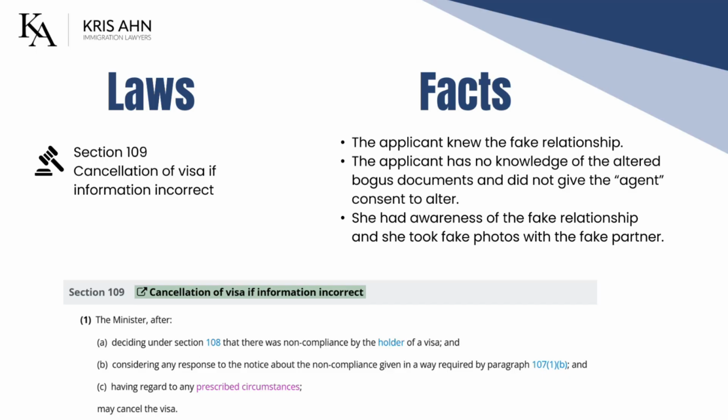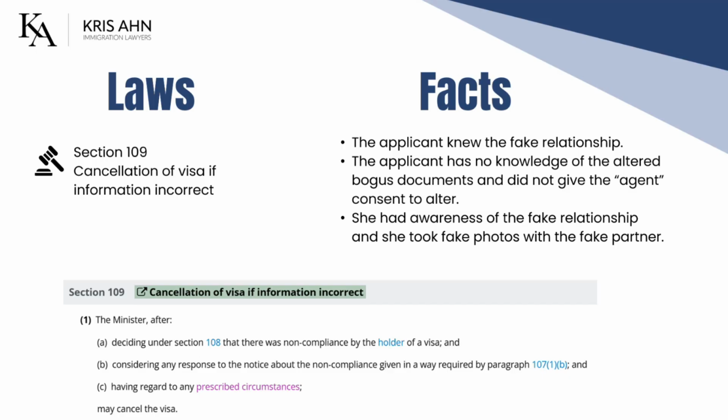And although the applicant has no knowledge about the bogus document, because the alteration was made by the agent, and she didn't know how the agent altered the documents or whether the agent altered them, she has an obligation to make sure all documents are correct, and she didn't take any reasonable steps to check the visa application form and all the documents provided to the department.